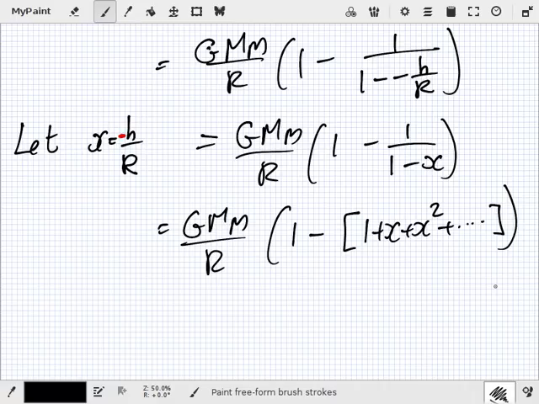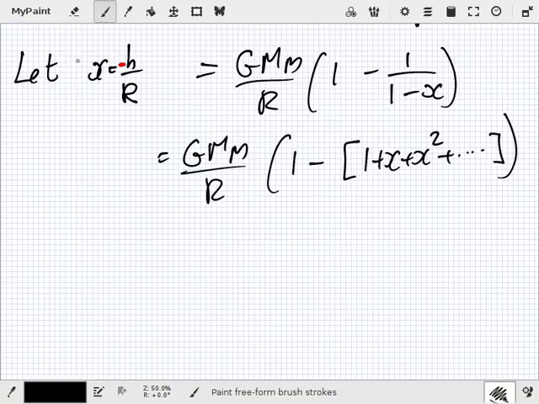Yeah? Now, is x a small number or a big number? It's a very small number because what is the H? The height above the ground. And what is the R? The radius of the Earth. So H is much smaller than R. So it's nearly 0.